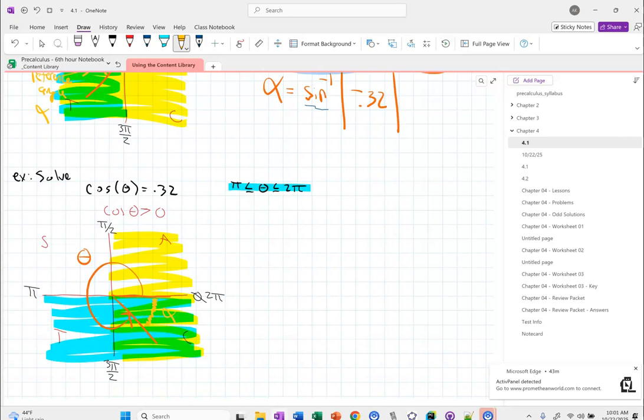Always between the terminal side and the positive x-axis. It has to be an acute angle as well. I guess I didn't say that before. Acute means less than 90 degrees, right? If you couldn't remember that, you're like, that sounds familiar. What did that mean? Okay.